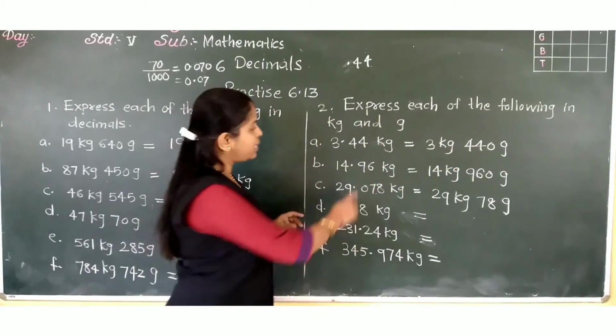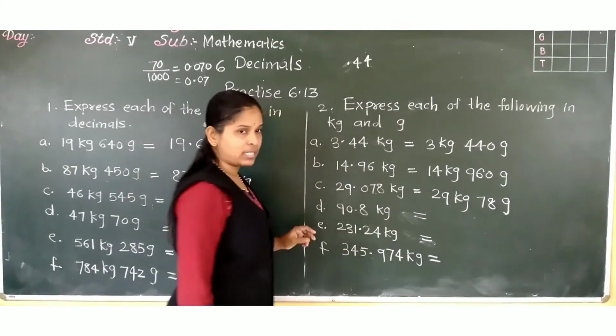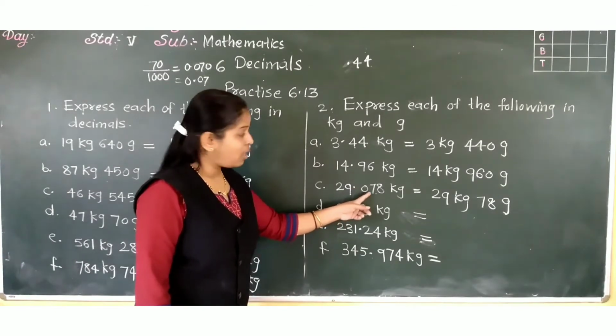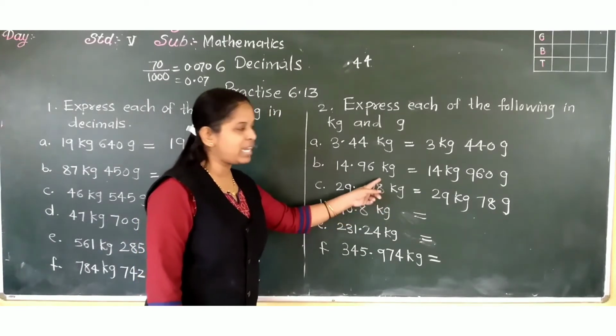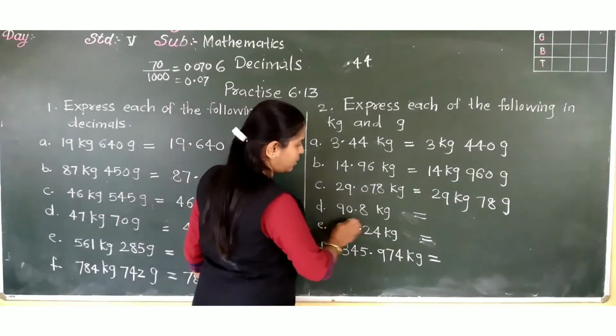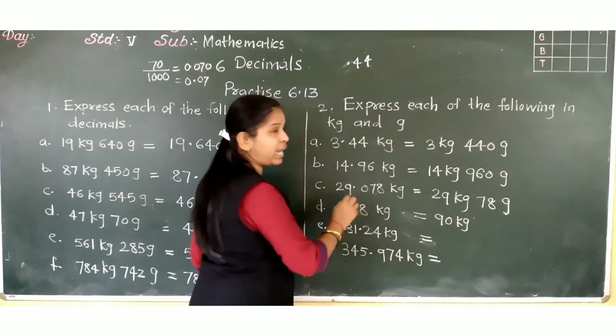Why? Because after decimal exact that number has started, and here see after decimal 0 is there. That means only how many grams are there? 78 grams, not 780. Here see 90 kg and 0.8.